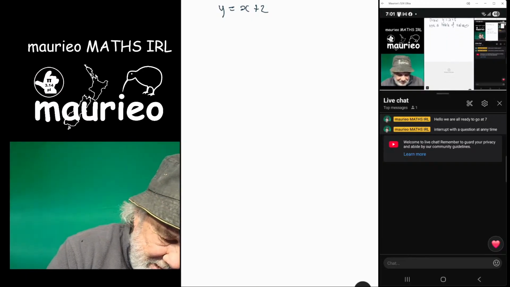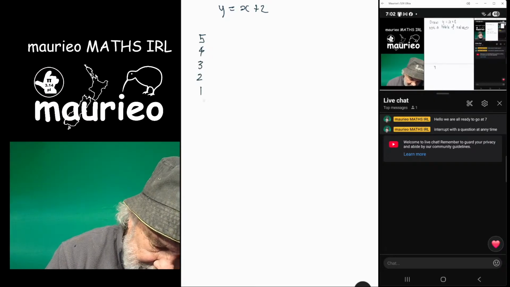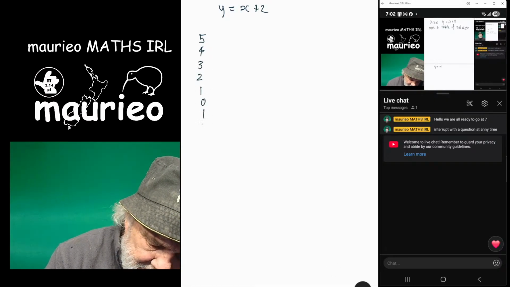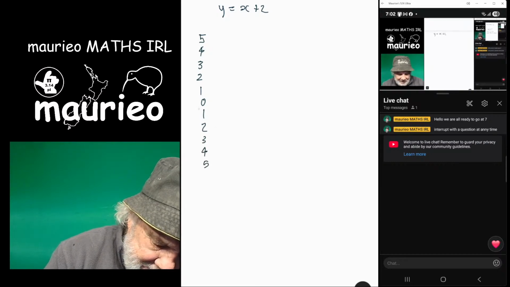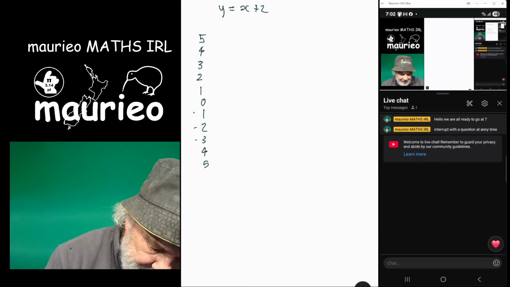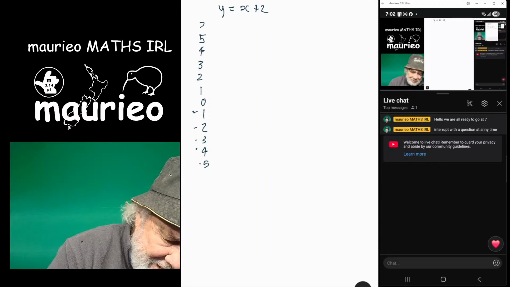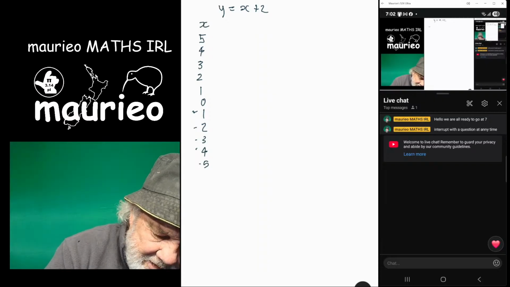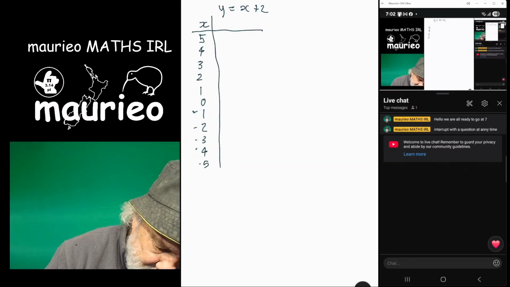So normally we would draw 5, 4, 3, 2, 1, 0, 1, 2, 3, 4, 5. These are negative. Okay, so these are the x values. Okay, so that's table of values there.